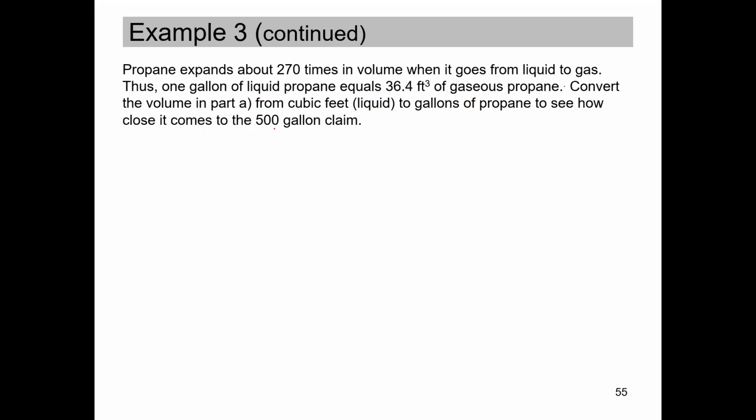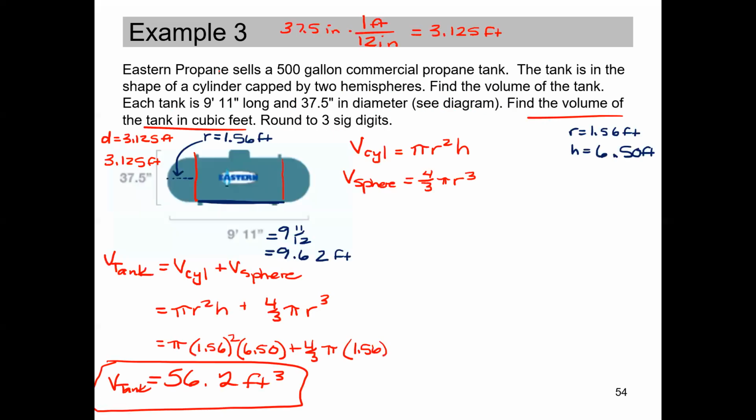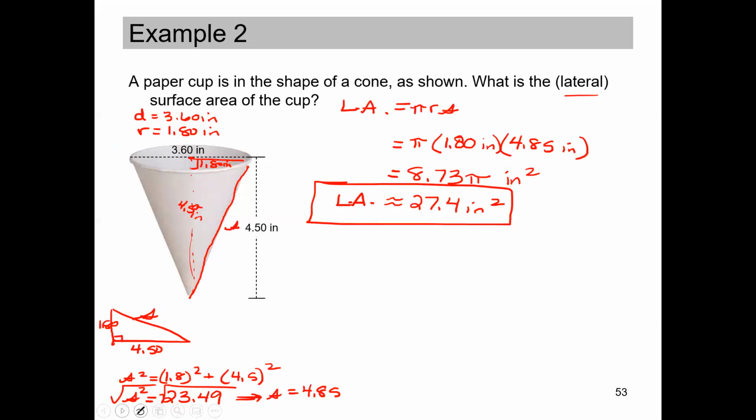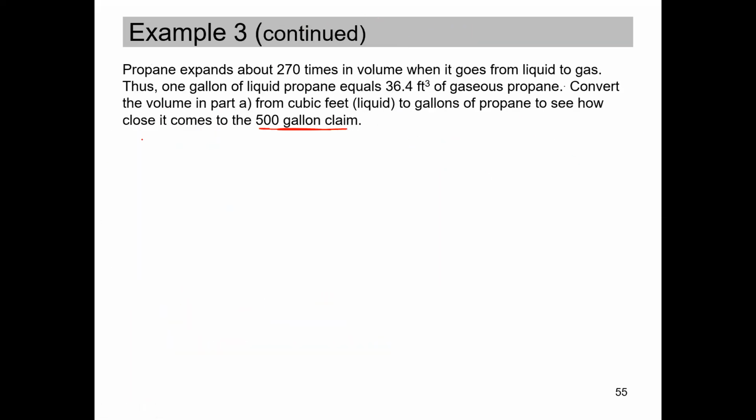Let's see if it comes close to that 500-gallon claim. If you look back at our original problem, it said they sell a 500-gallon commercial tank. In part A, we found it to be 56.2 cubic feet.